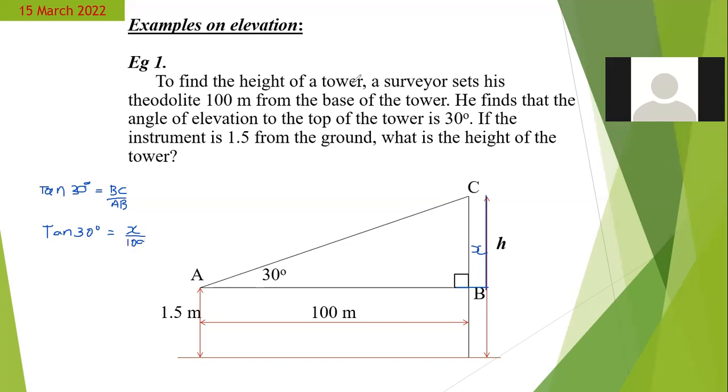Don't forget, X by itself. Let us keep the X on the right-hand side. So transposing, we're going to have 100 over tan 30 degrees.